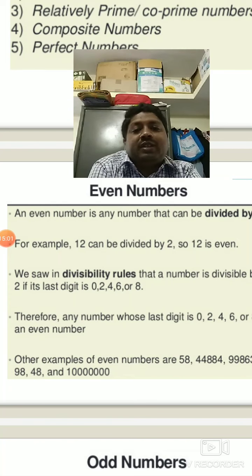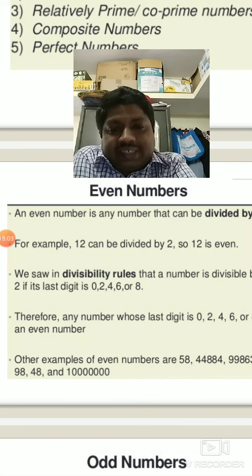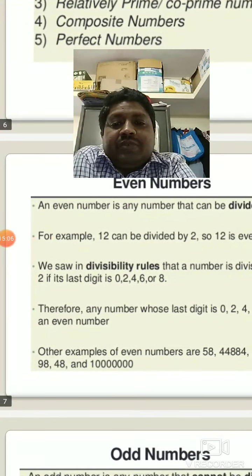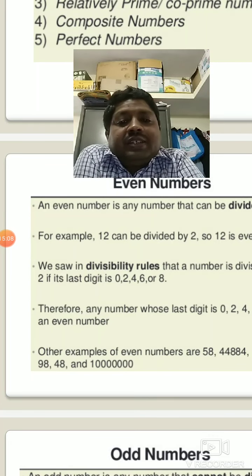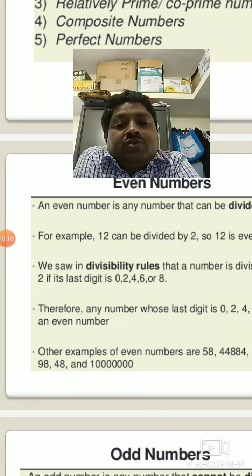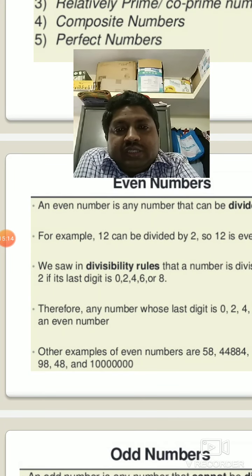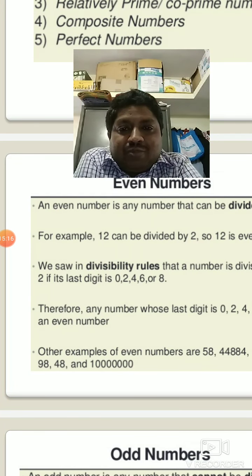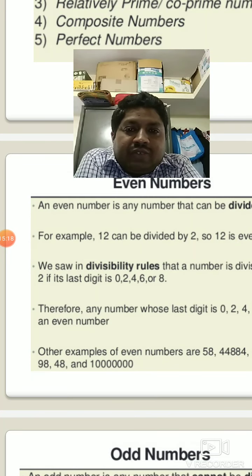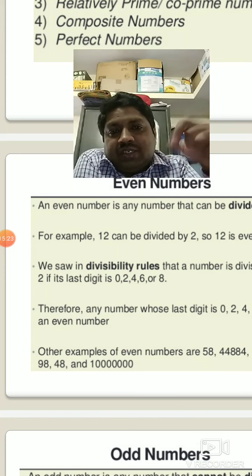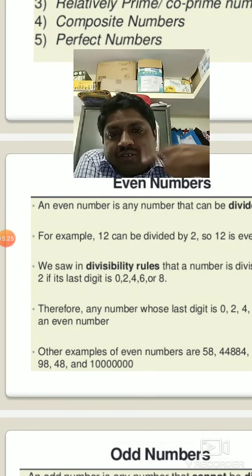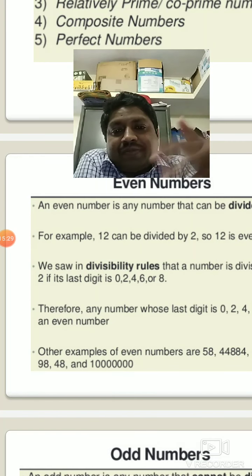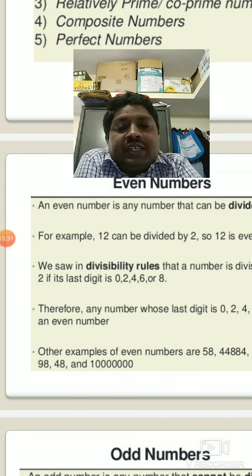We saw this in divisibility rules, which you know from 6th standard. A number is divisible by 2 if its last digit is 0, 2, 4, 6 or 8. We do not have time now in 10th standard to check everything, so we should be able to apply it.